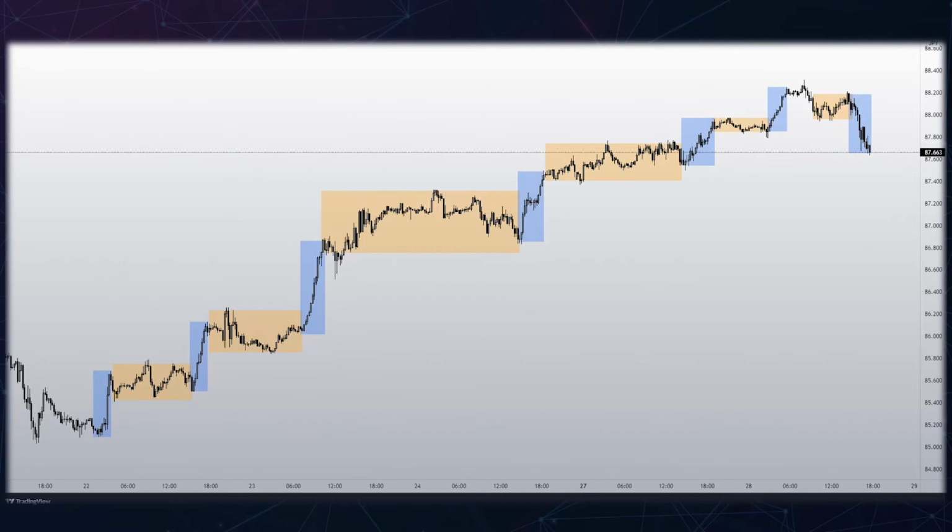Let's show you an example of pullbacks in an uptrend. We first have an impulse to the upside, and then price finds a resistance level, causing price to consolidate for a while. When the correction ends, we can see a strong impulsive move back to the upside, before hitting a new resistance level. We can officially identify this as an uptrend now.